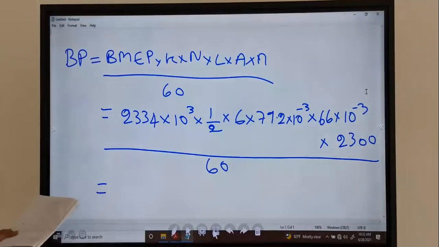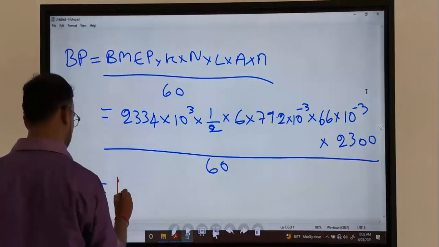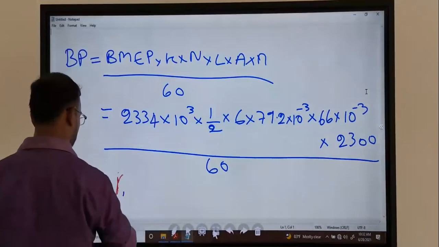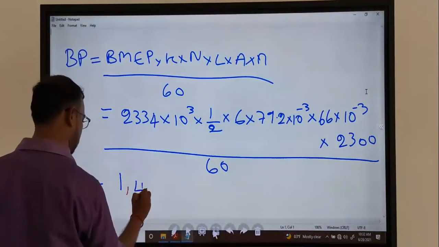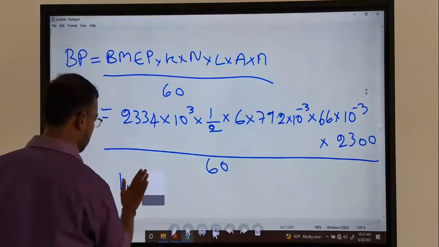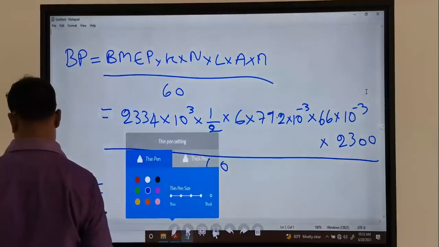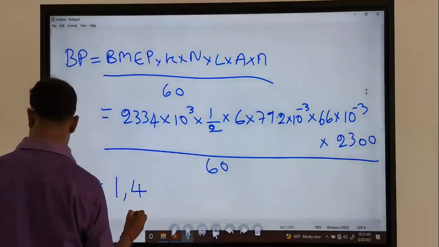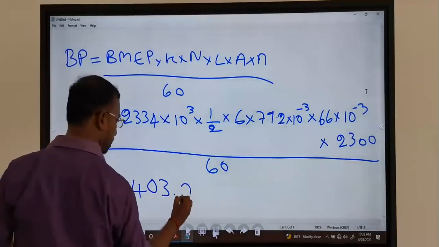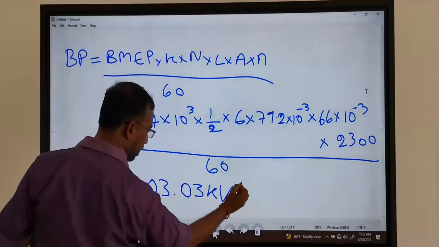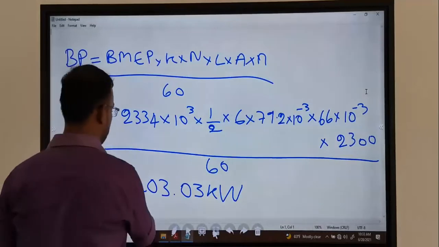So straightaway I write the kilowatt. The answer will come in watts, then I divide by 1000, so I put kilowatt directly.